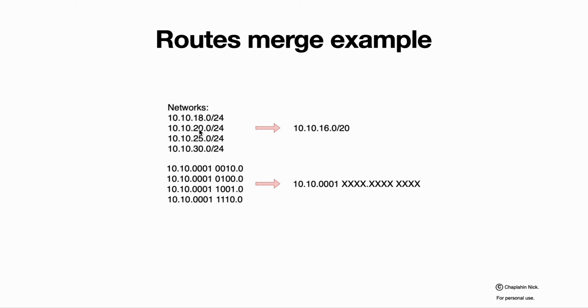If this third byte is split into binary, you can see that we have one common part and one part that is changing. The unchangeable common part is the prefix, and it becomes 10.10.16 with mask length 20, because now we have 20 only, and everything else can be manageable.